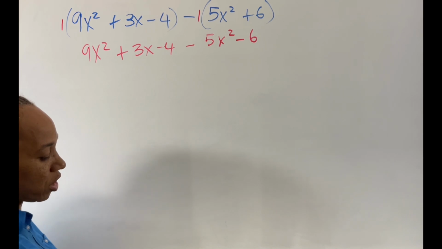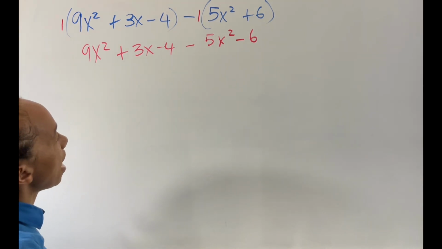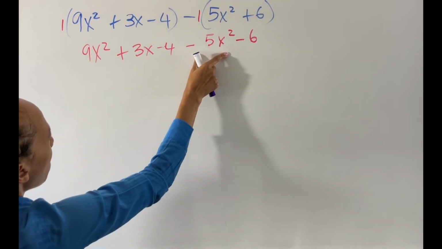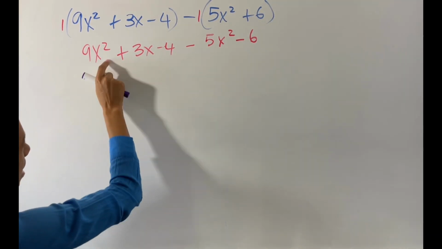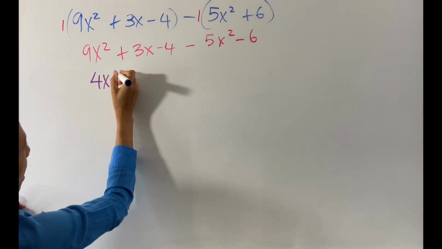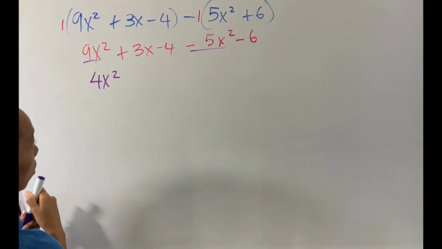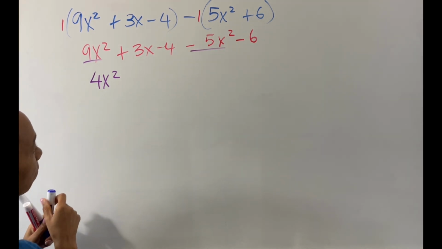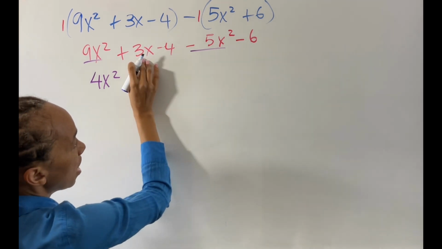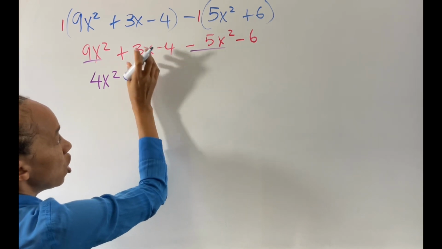If you are versed in math, you should look at this and know off the top that you have 5x squared here and 9x squared, and that is going to simply be 4x squared, right? These are your two that you're going to subtract. Then you have nothing here to combine with this term over here.